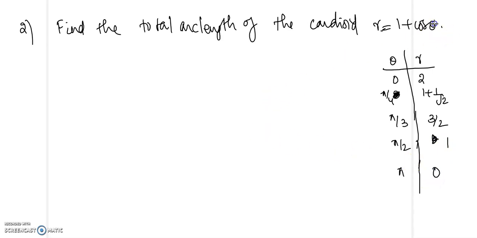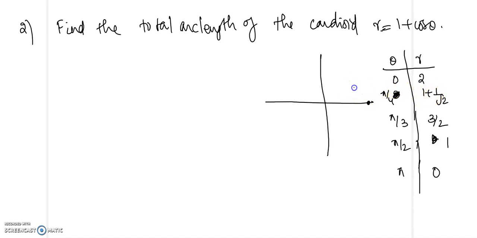Now when you replace theta by minus theta, there is no change in the value of r, so it will be symmetric about the x-axis. So that is, look at what is going to be the shape of the curve. So when theta is 0, the value is 2. And when it reaches pi by 4, the value becomes a little smaller.